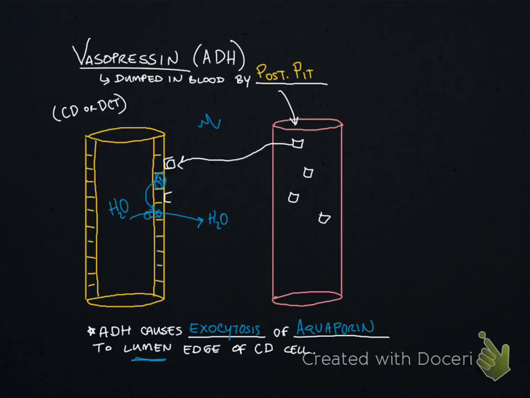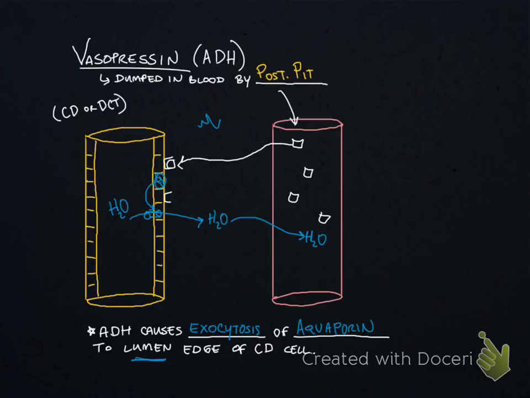And then water will enter the blood, which travels back to the hypothalamus, and those osmoreceptors respond to stretch, and they say, hey, no more ADH. This is a negative feedback mechanism.